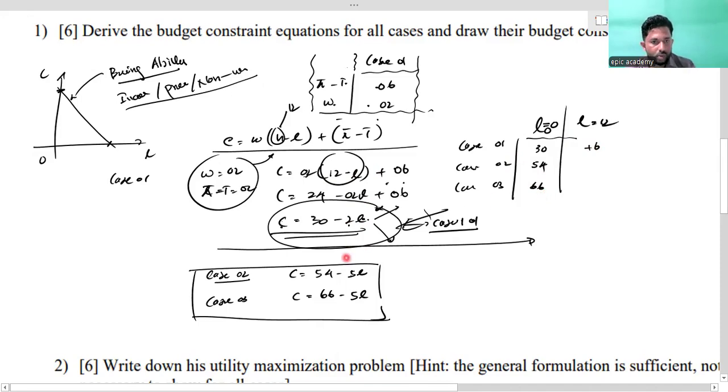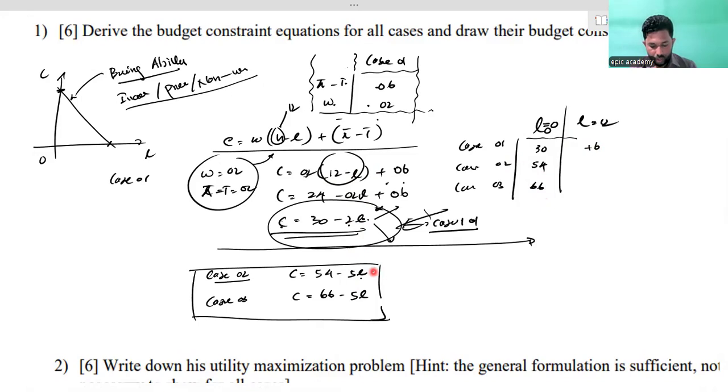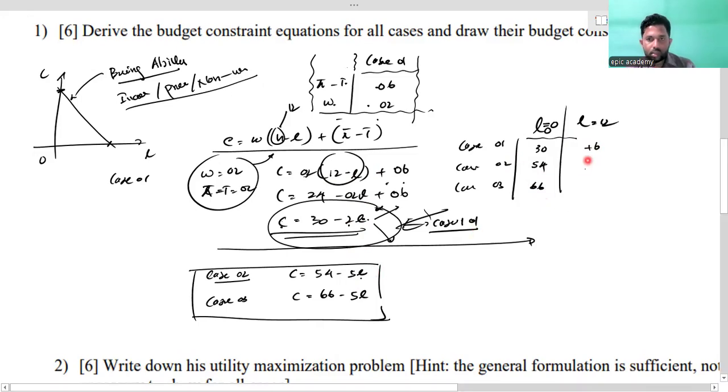In the second one, if you put in 12, 12 multiplied by 5 becomes 60, but 54 minus 60 becomes minus 6.